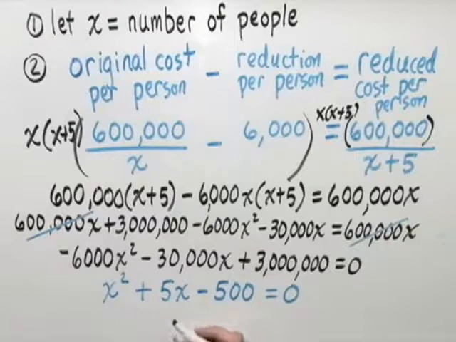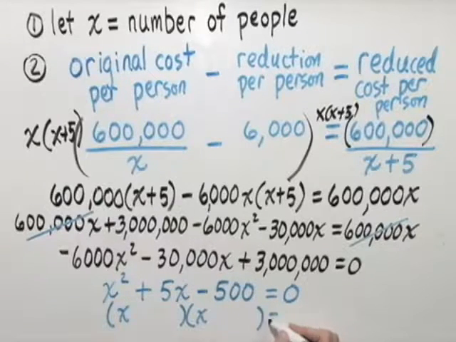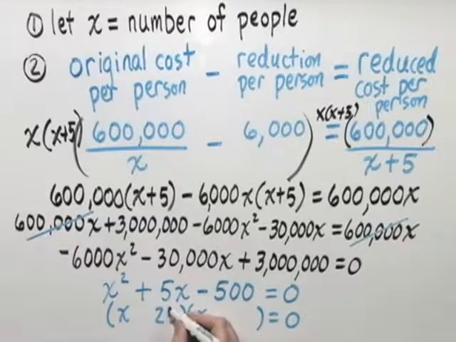Now this is much easier to factor. So I can factor it by using an x and an x. And I know that 25 times 20 is equal to 500, so I'll use 25 and 20. I want 5x in the middle, so I'll use plus 25 and minus 20.